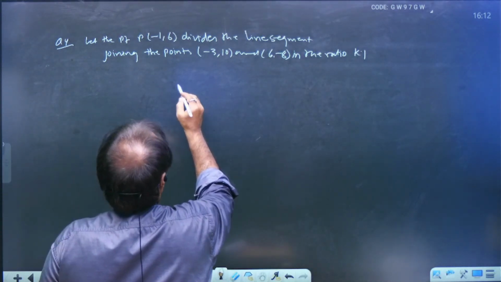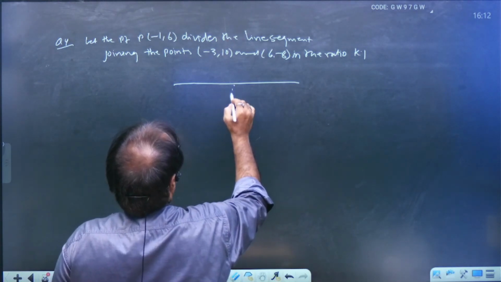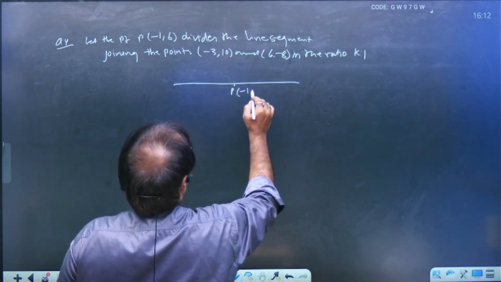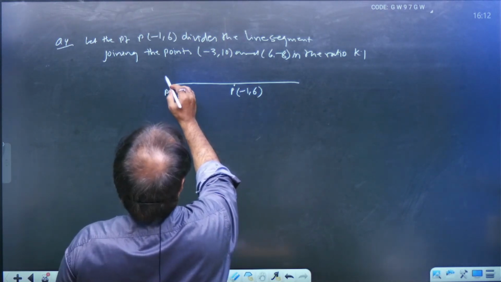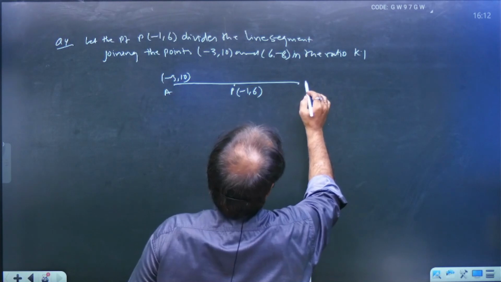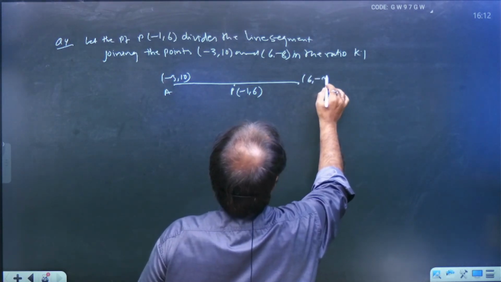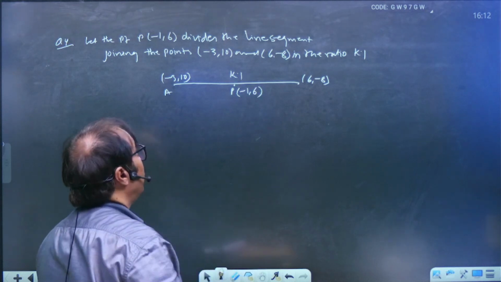So now draw a figure for your easy calculation. So here is the point P and coordinate is -1, 6, and A is the point -3, 10, and B is a point whose coordinate is 6, -8, and the ratio is k is to 1, right?